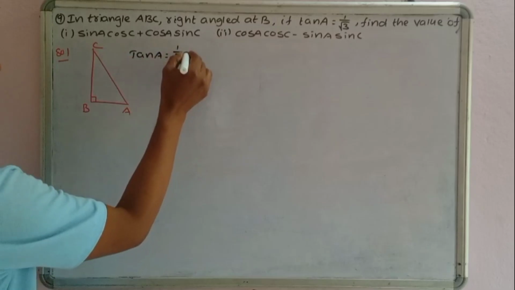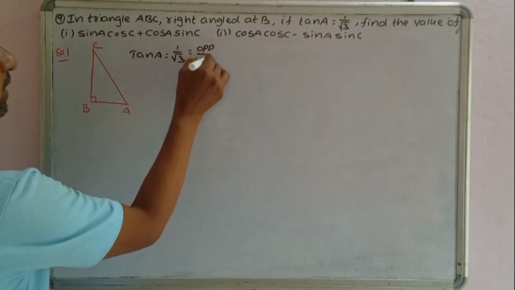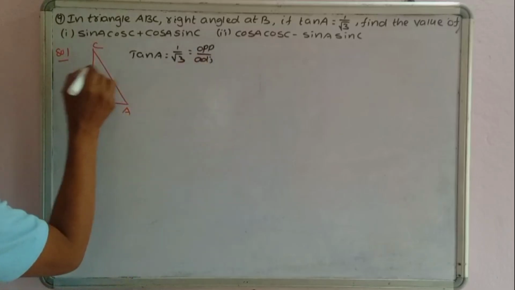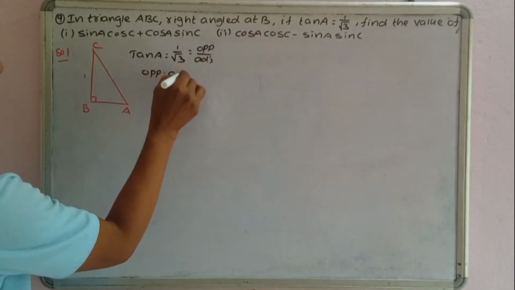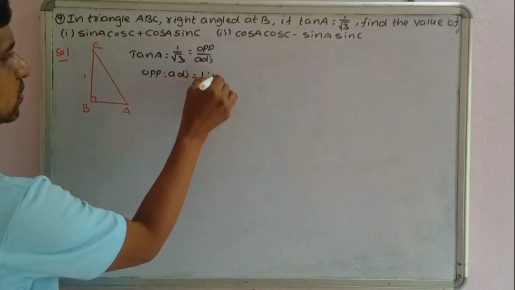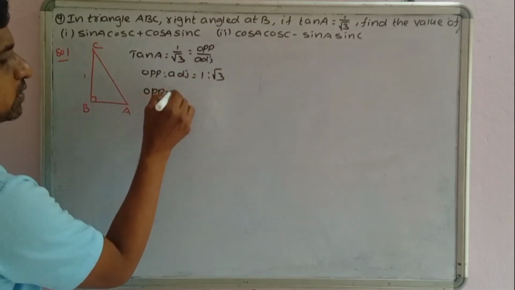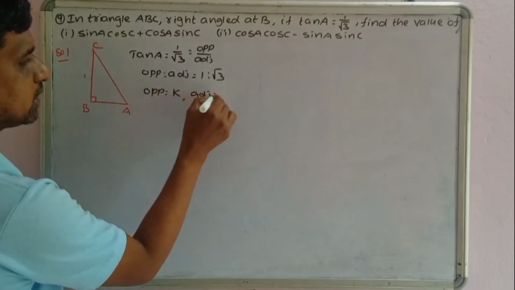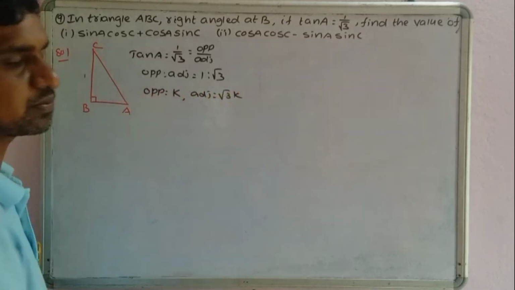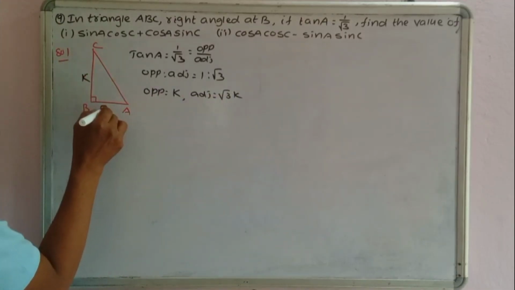So tan A formula, side opposite to A by side adjacent to A. So opposite is to adjacent equals 1 is to root 3. So opposite equals 1 into k, adjacent equals root 3 into k, where k is a constant. Okay. Now this is k, root 3k.